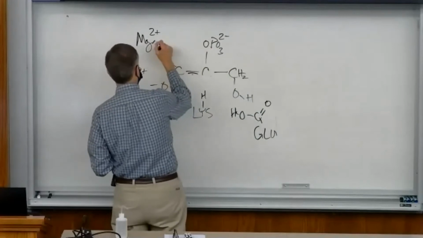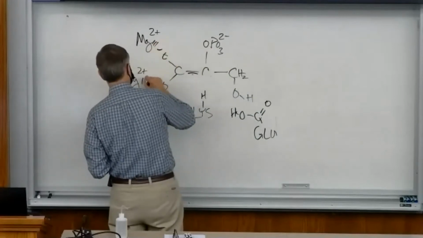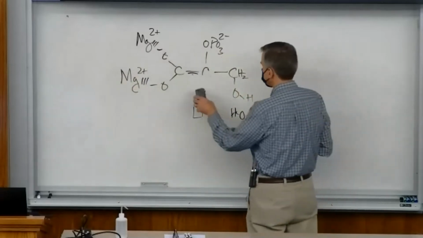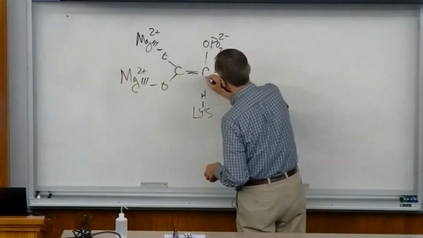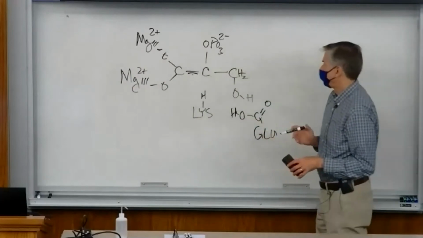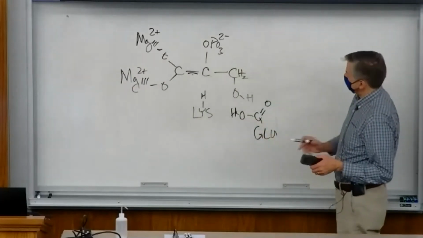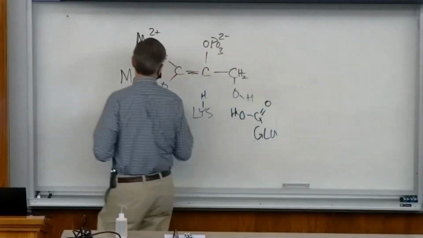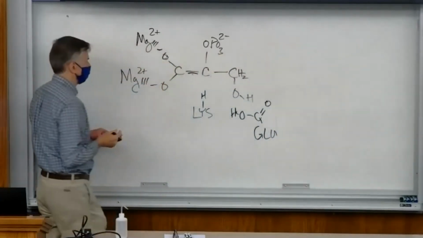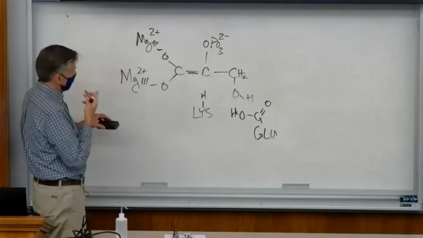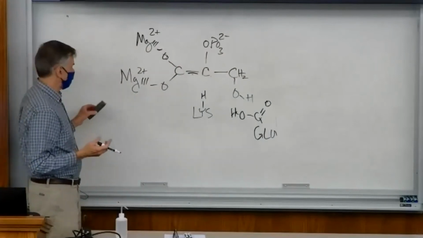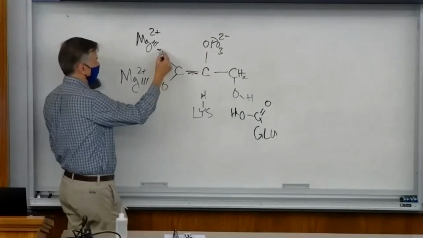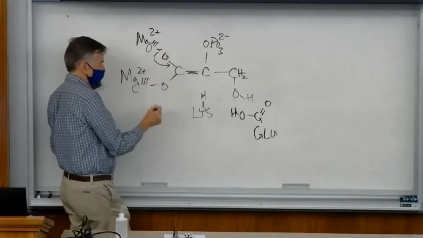So we have some interactions here between these positively charged magnesiums and this species here where we've added additional charge to this carboxylate. Okay, this is not a stable situation, even with the magnesiums there. We're going to regenerate the double bond.